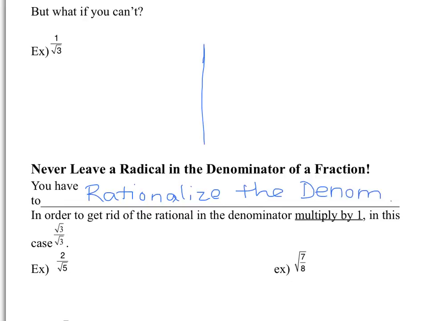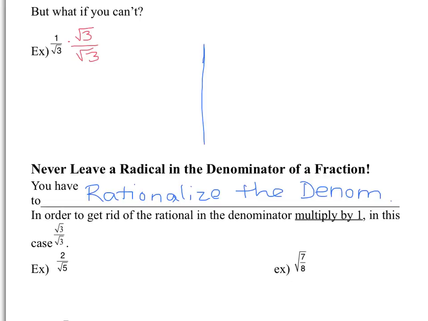It's very simple. You're allowed to multiply any number by 1, and it just makes the number look a little different. In this case, you look at the denominator of the fraction, specifically the root in the denominator, and multiply by root 3 over root 3.